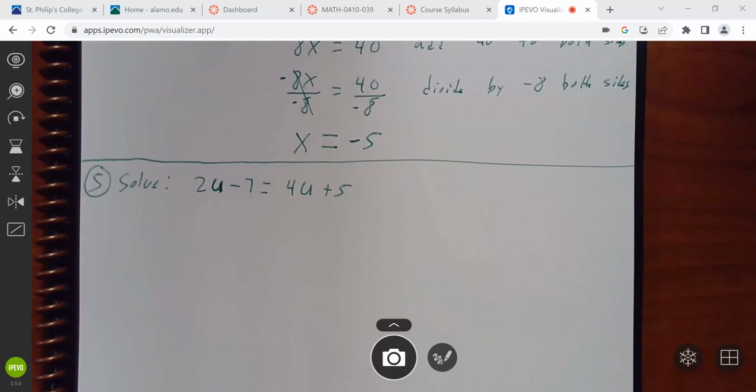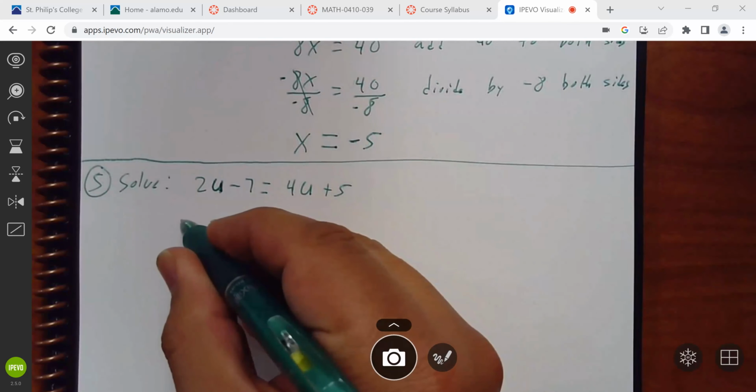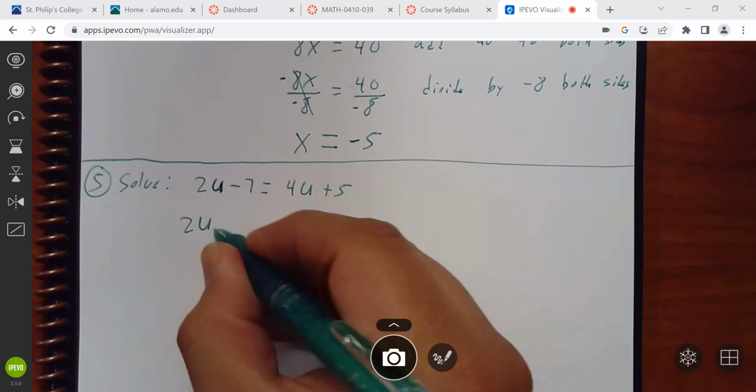Let's do it first. Move the 4u to the other side and subtract 2. Try that.